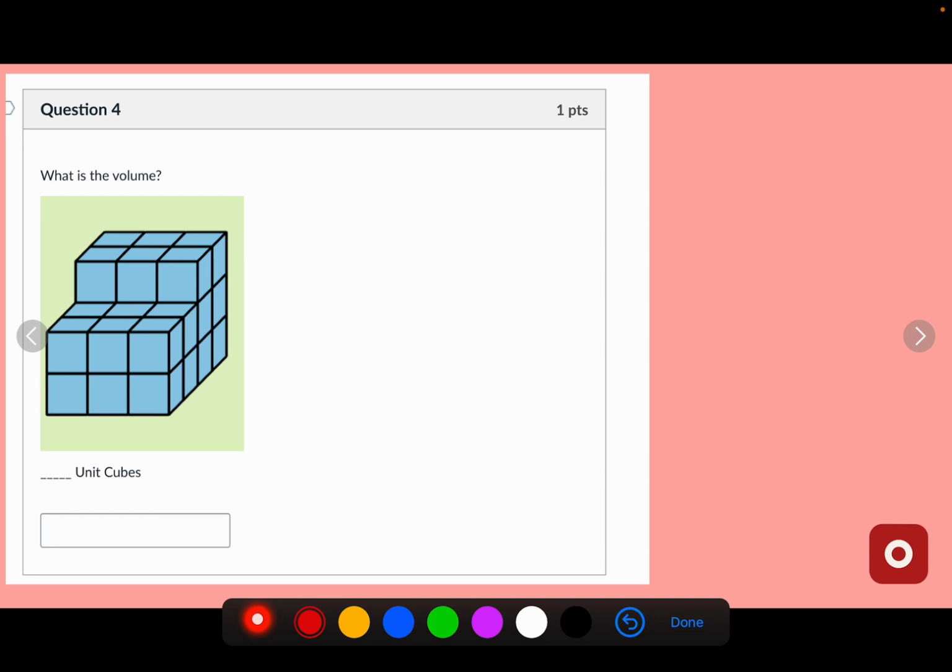Question number 4. I know you guys are sick of it, but it is, what is the volume? So at this point, you should know our formula for volume equals what? Length times width times height. All right. This is a funky figure, meaning it looks weird. It's not organized. So we got to make it look pretty.